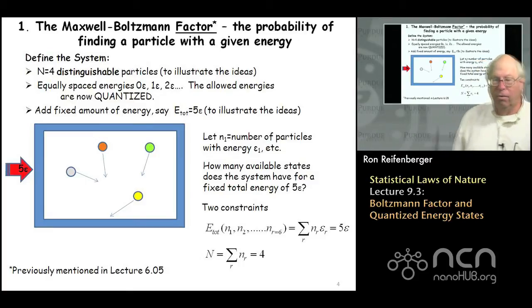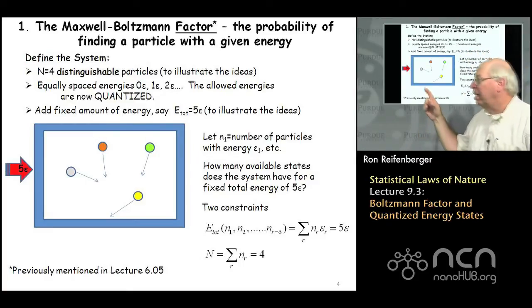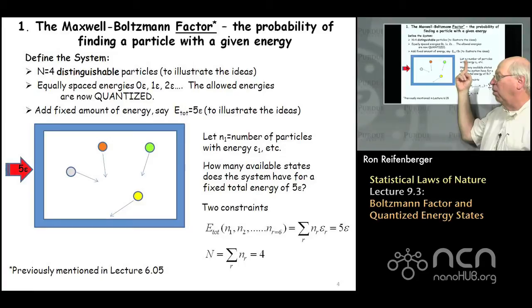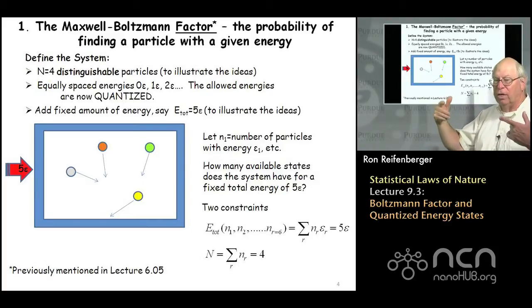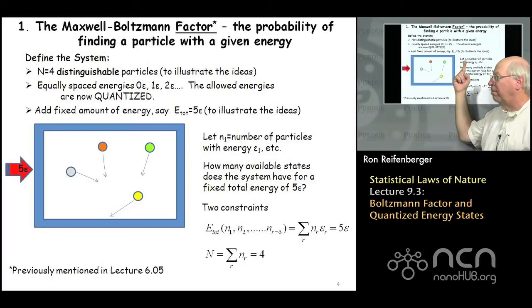And we're going to say that there are n1 particles with energy epsilon 1, there are n2 particles with energy epsilon 2, and so on and so forth. So the small n's describe how many particles there are with a particular energy, and n is going to be an integer number.